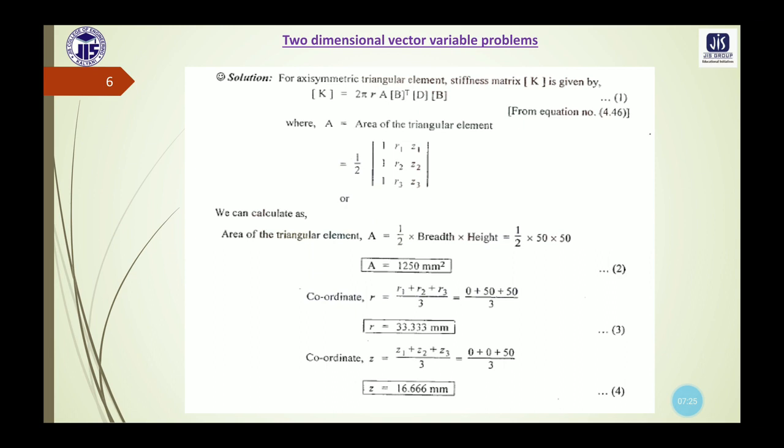Next we need to calculate the coordinates R and Z. To calculate R we use the formula R equals R1 plus R2 plus R3 divided by 3. The value of R1 is 0, R2 is 50 and R3 is also 50. Finally R is 33.33 millimeter.